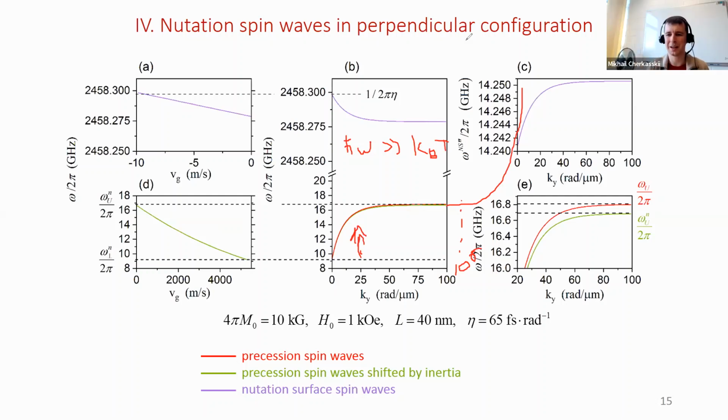I invited Ritwik Mondal, who derived this relation between inertia and spin-orbit interaction in a direct quantum approach. Maybe if Ritwik is here he can say some words about it. I can see his name on the screen, but I don't know about the microphone. Ritwik, are you here? Yes, I'm here. Can you hear me? Yes, we can hear you properly.